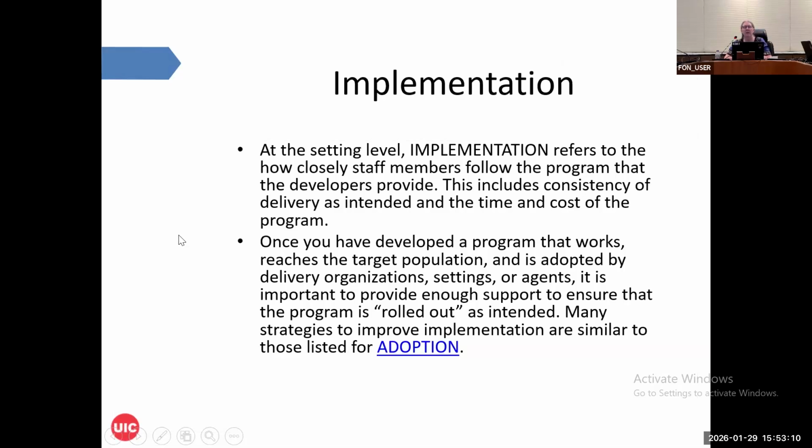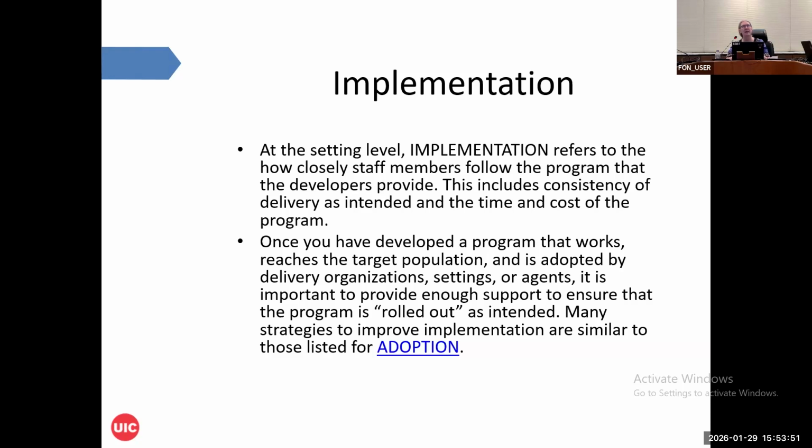In summary, implementation refers to how closely staff members follow the program that the developers provide, and this includes the consistency of the delivery as intended and the time and cost of the program. Once you have developed a program or intervention that works, reaches the target population, and is adopted by the delivery organization, setting, or agents, it is important to provide enough support to ensure that the program is rolled out as intended.